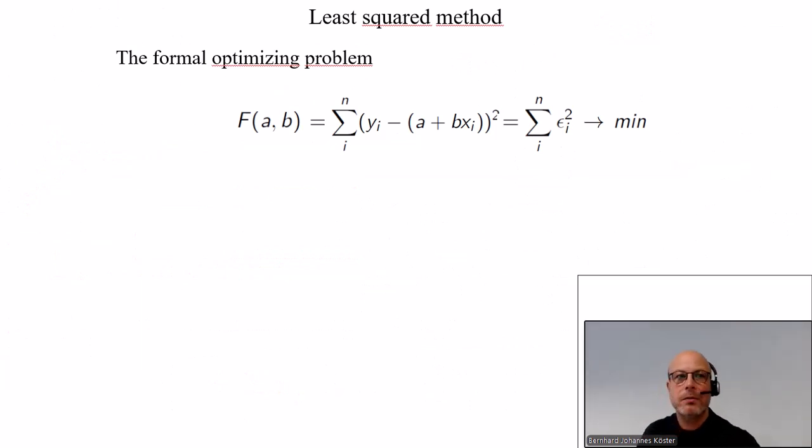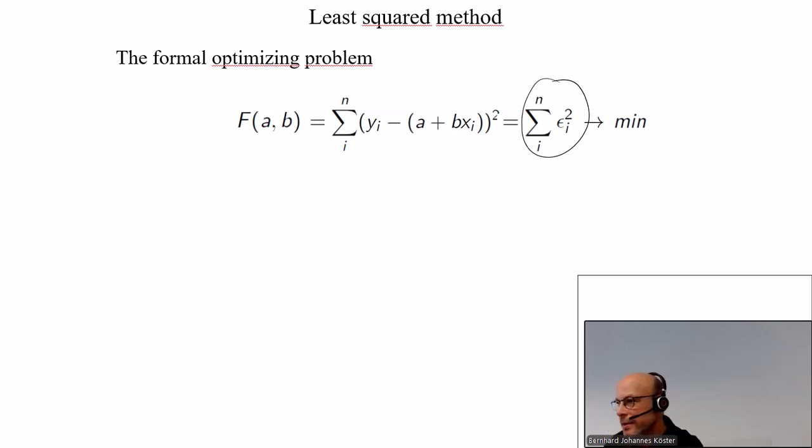Well, and now we have a standard optimization problem because we want to minimize just this sum. But then this is our data point. We can plug in our hypothetical point on the line. And this point is depending on just two parameters.